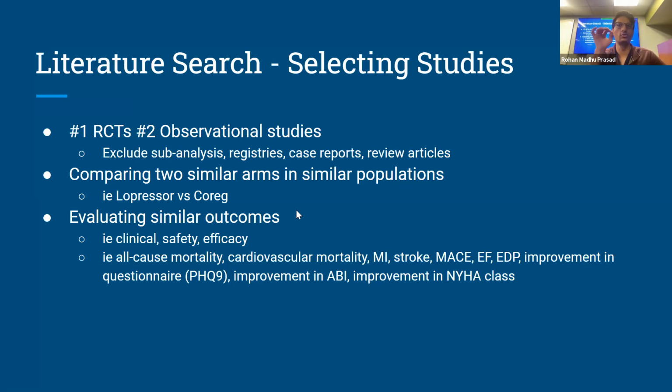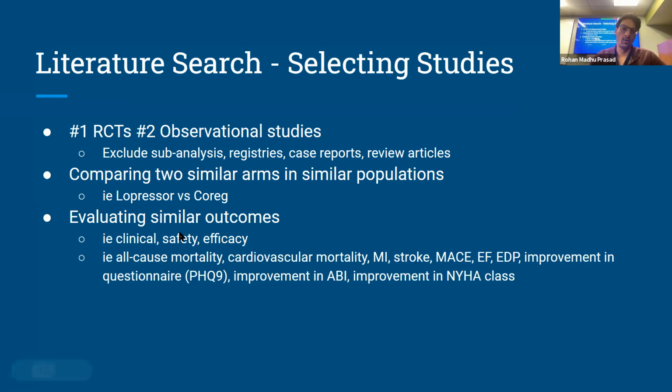You're comparing the medication against a different medication, but in each study, it's the same two arms. So it can't be in one study low pressure versus Coreg, and then the next study low pressure versus labetalol. It has to be the same medication in the same two studies. And then you need the studies to evaluate the same outcomes as well, not just the same trials.